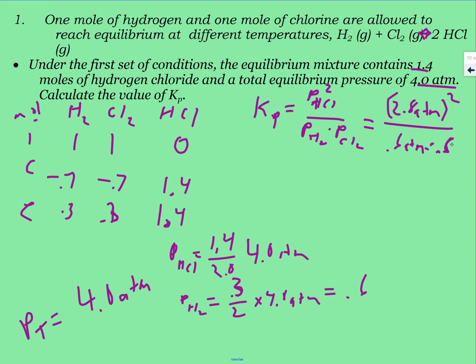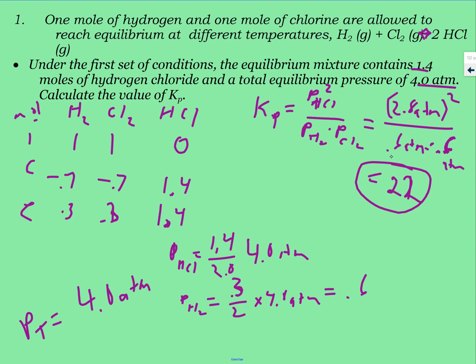So 2.8 squared divided by 0.6 times 0.6. Looks like I should probably have around 2 sig figs. I'm going to go ahead and do 2 sig figs. That's 22. So my Kp is 22.